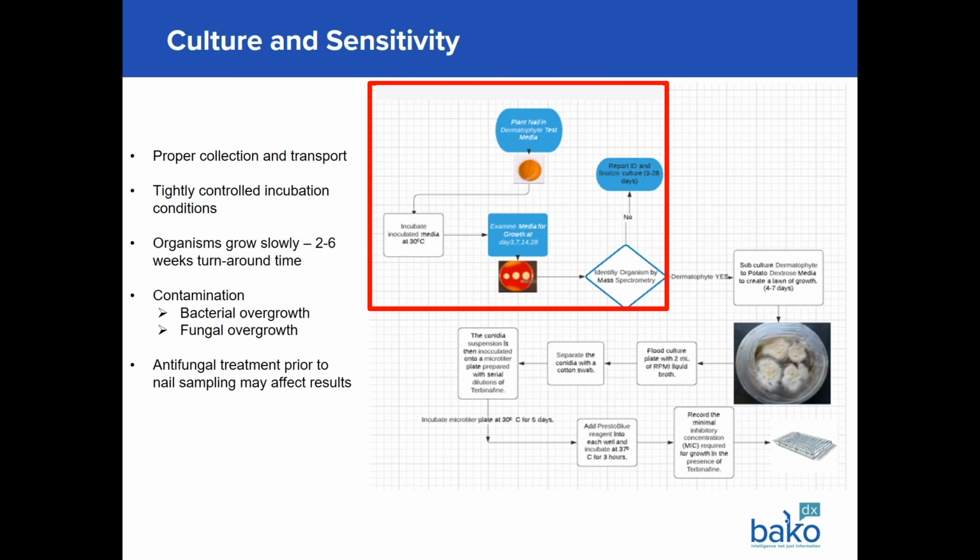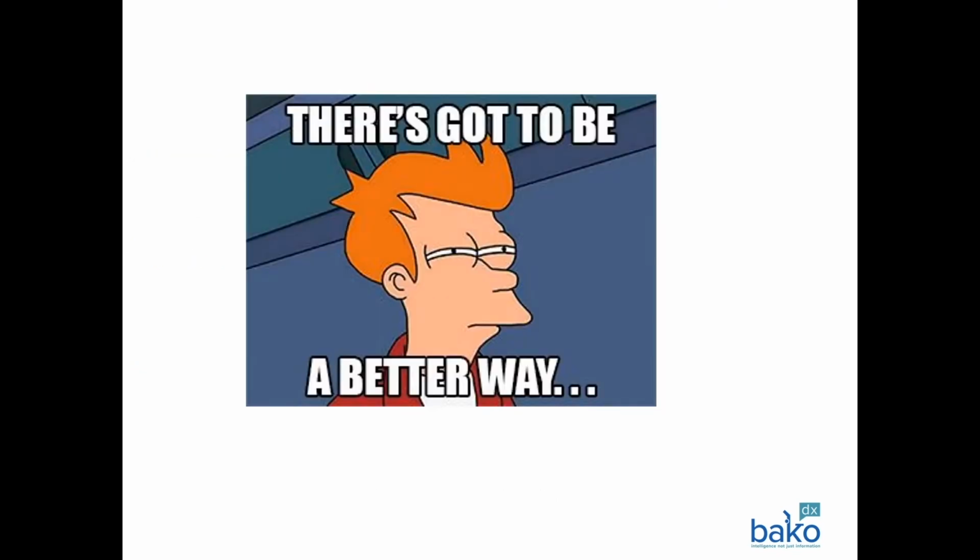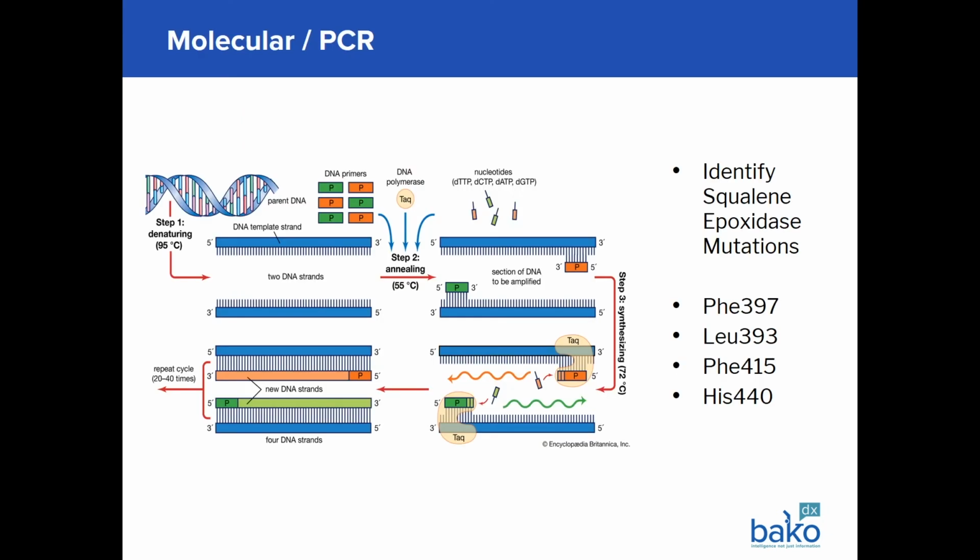And so once you've done all that, if you decide to go on and do sensitivity testing, you have this other whole series of steps outside the box that still have to be done. So this is a very long, difficult process. So it seems like there should be a better way. And since we're in the 21st century, we have modern PCR molecular methods.